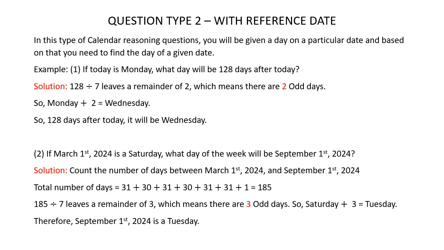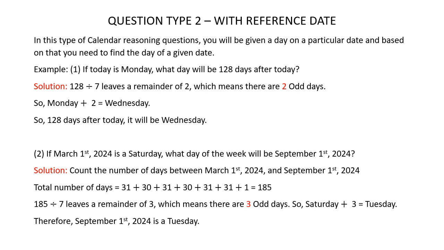For that, first count the number of days between March 1st, 2024 and September 1st, 2024. Now, since you are starting from March 1st, 2024, you have to consider all the 31 days in March. And since in September you have to count till September 1st, it means you have to consider only one day in September.